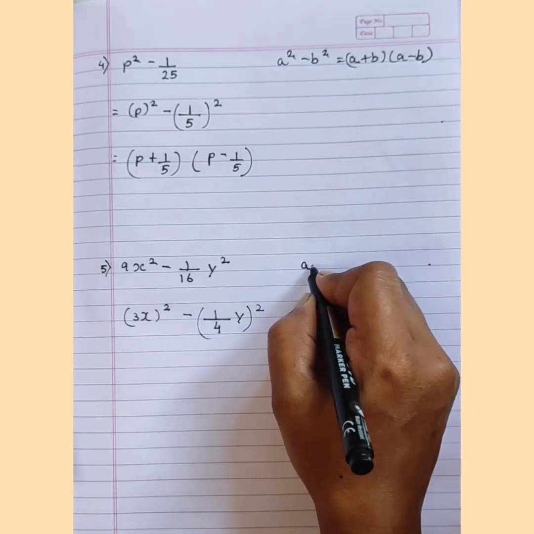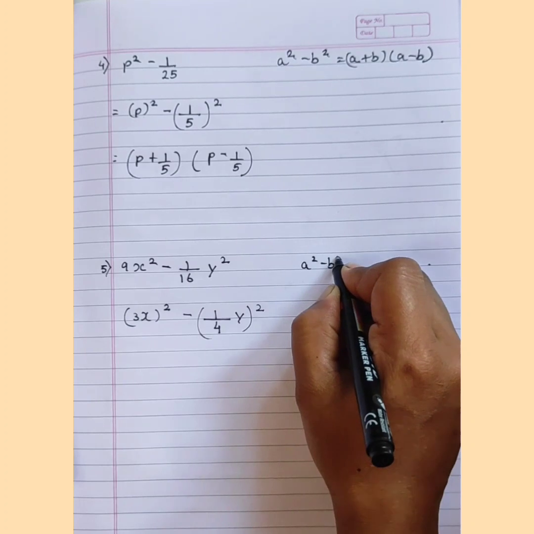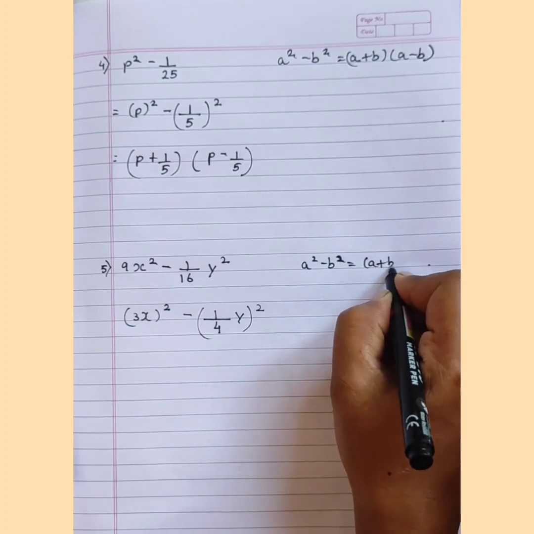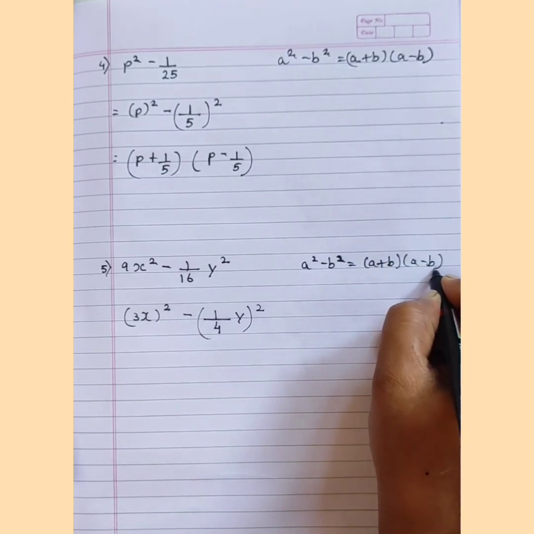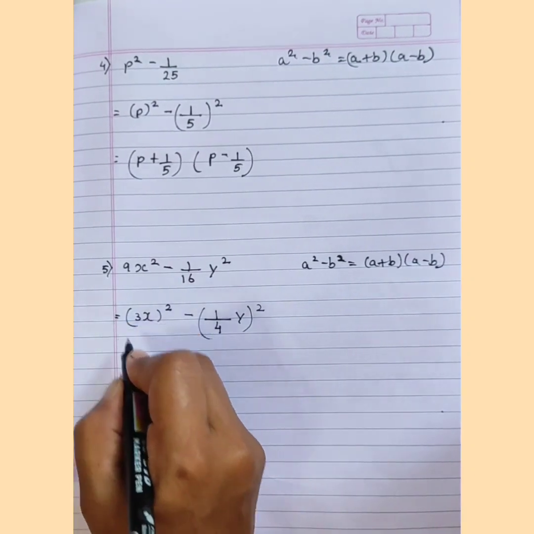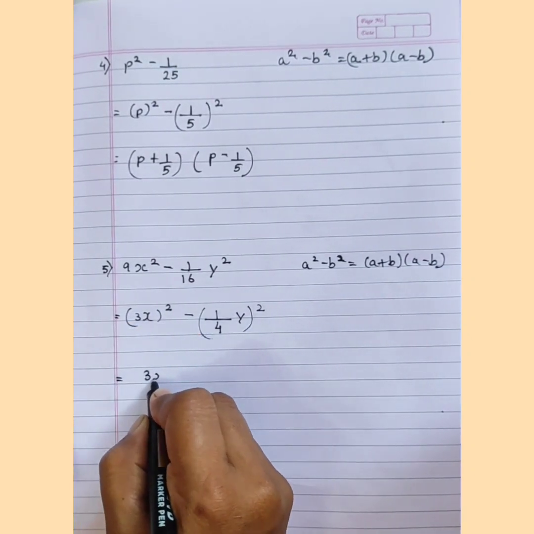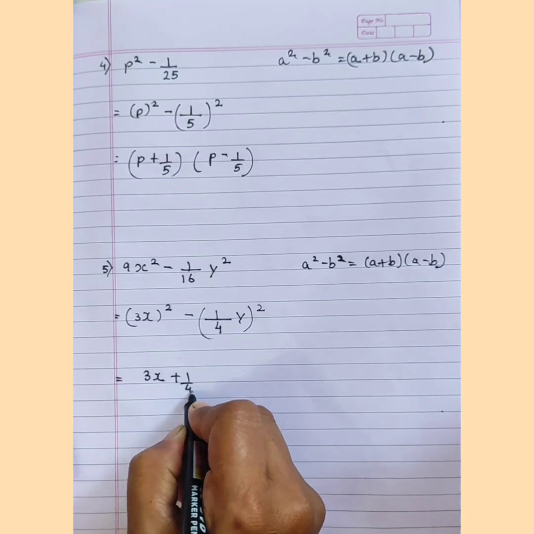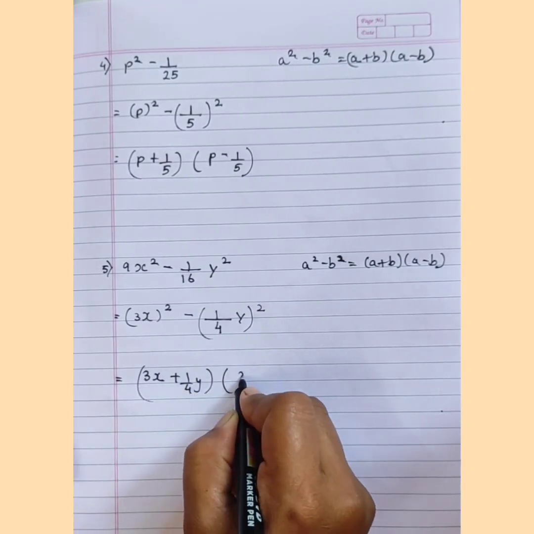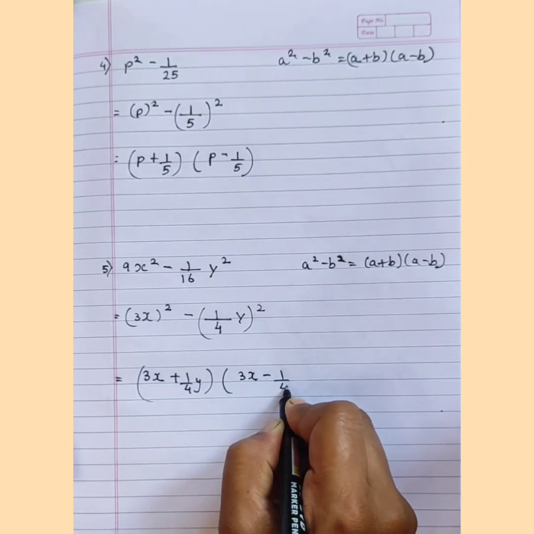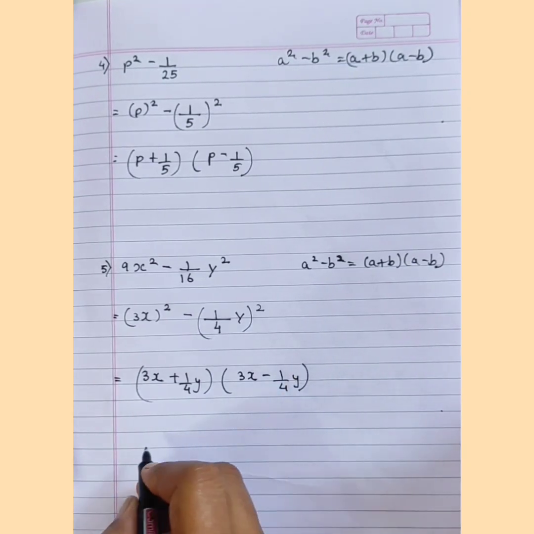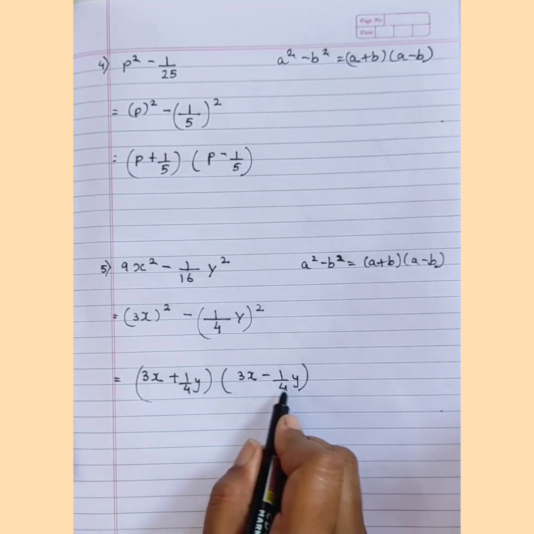Now this is of the form a square minus b square is equal to a plus b, a minus b. Now you can write this as 3x plus 1 upon 4y, 3x minus 1 upon 4y, which is of the form a plus b, a minus b.